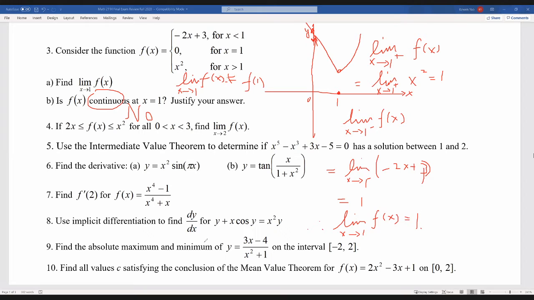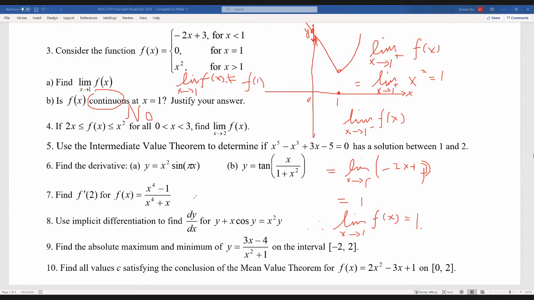Because the limit of f(x) as x goes to 1 is equal to 1. f(1) is 0, 1 is not equal to 0, right? So therefore, the answer is no. Okay, the function is not continuous at 1. So we got to understand why it is not continuous. The function value at 1 is 0, 1 not equal to 0, right? So the answer is no, not continuous.